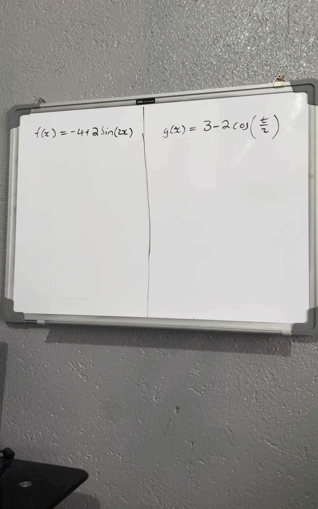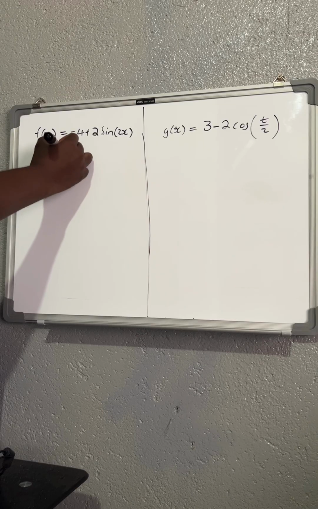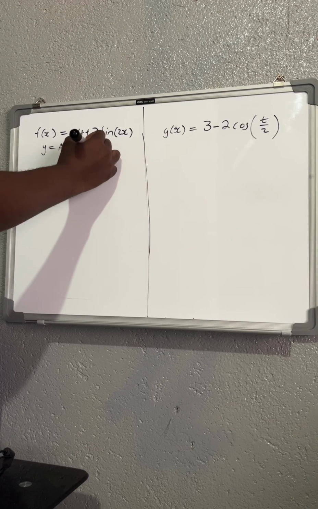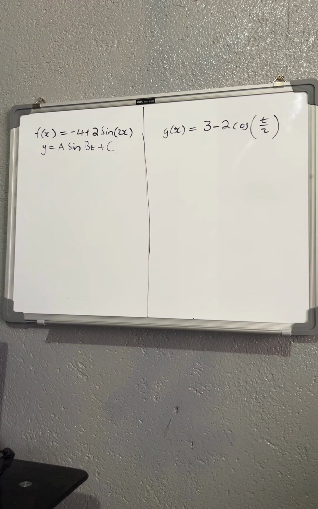So yeah, first things first, if you are given two equations like this, remember how you would have them in your standard form. You always have y equals A sine of bt plus c.